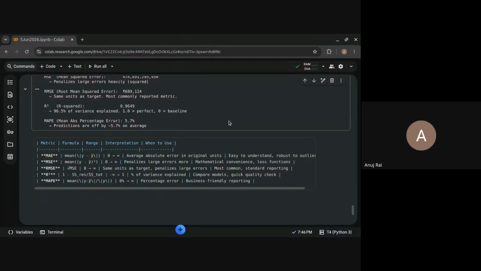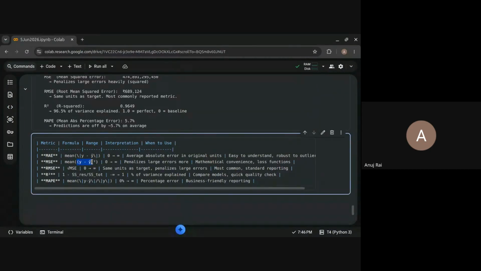So basically here, mean absolute error is calculated by finding the mean of the difference between the original point and the predicted point. For mean squared error, you just square the error so that it penalizes large errors.